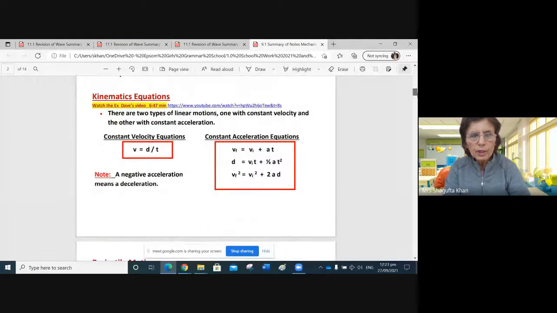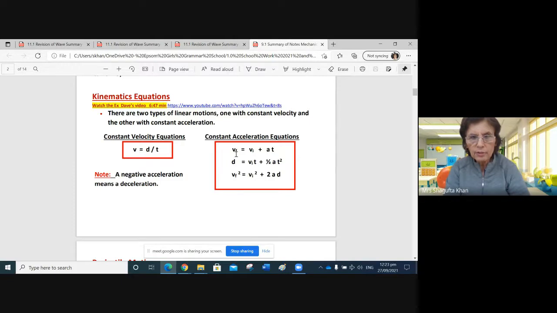For kinematic equations, if something is moving with a constant velocity, then this is the formula to use: v equals d over t. However, if something is accelerating or decelerating, then we use this set of equations: V final, V initial, acceleration, and time.